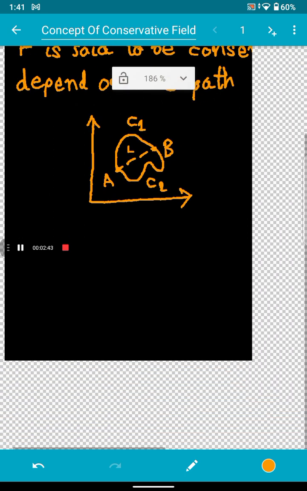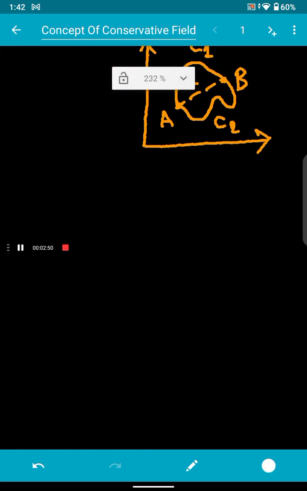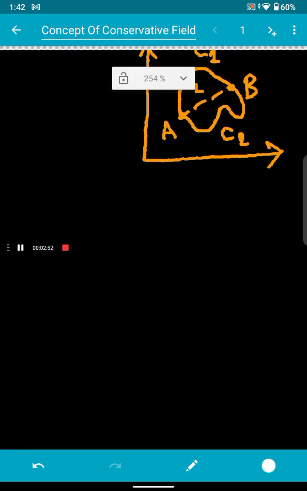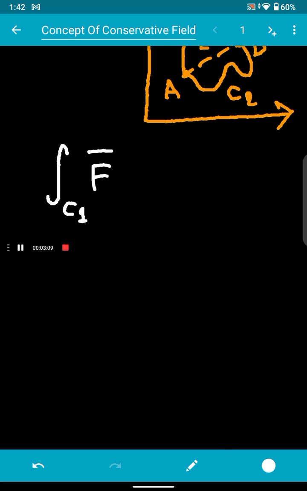So ultimately the definition is, if F is conservative, these things should hold: we have these two curves C1, C2. So the integral of F dot dr along the curve C1 equals that along C2. Don't get confused seeing this integral, I am just writing the work done using this.